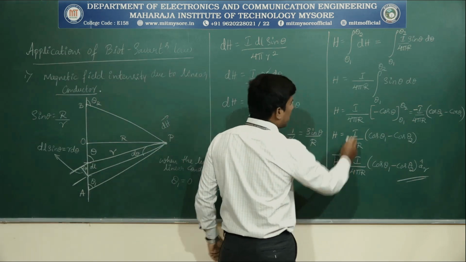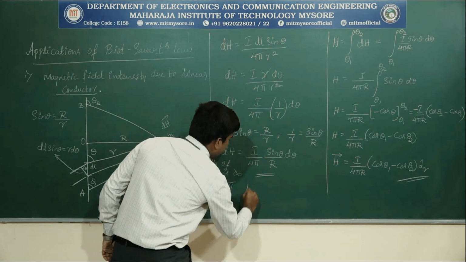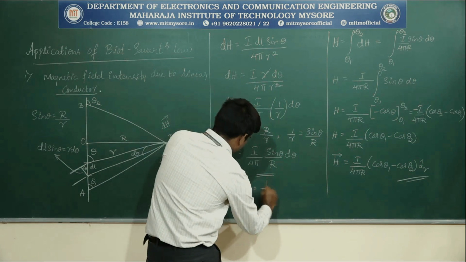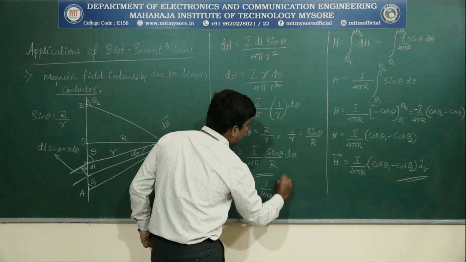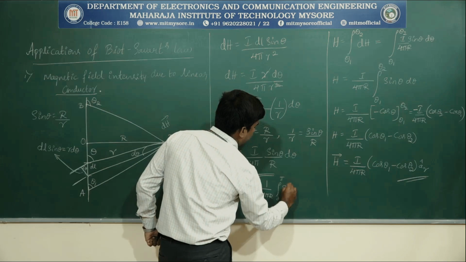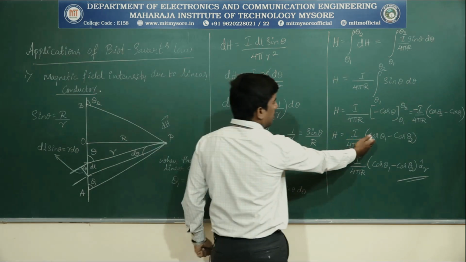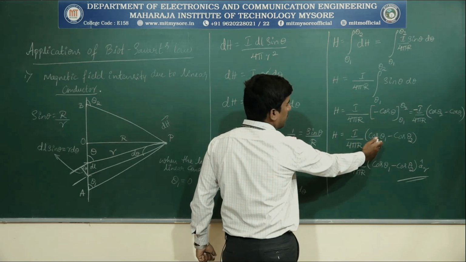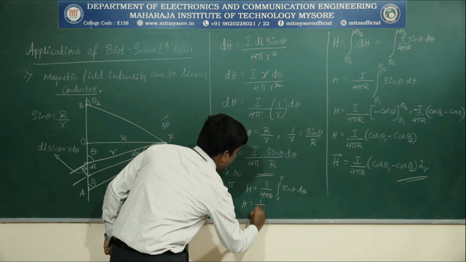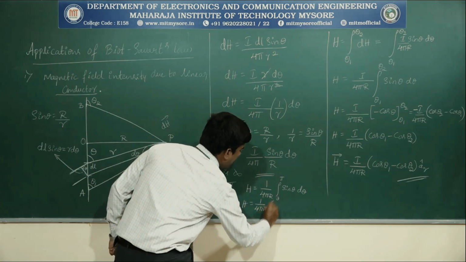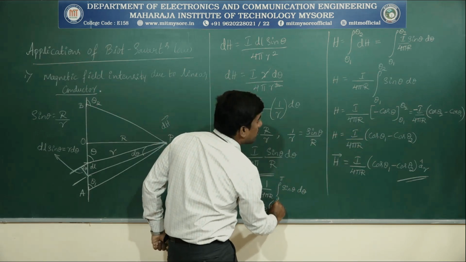Substitute theta 1 is equal to 0 and theta 2 is equal to pi, then the equation for H is equal to I divided by 4 pi r integration from 0 to pi sin theta into d theta, right? Similarly, H is equal to I by 4 pi r times of cos theta 1, what is the value of theta 1? 0.